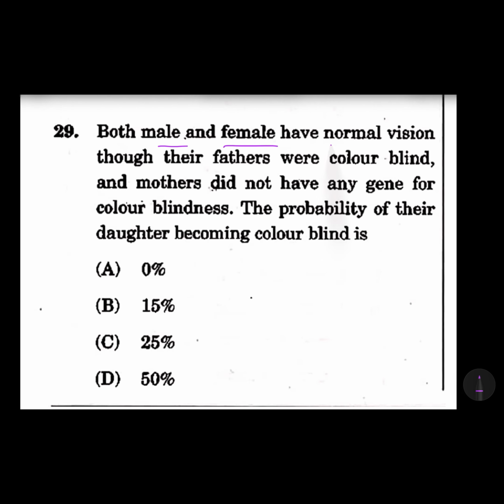Next question: both male and female have normal vision. Though their fathers were colorblind, mothers did not have any gene for colorblindness. The probability of their daughters becoming colorblind is. So let's cross the colorblind man with the normal female. XX crossed with XY, which is having colorblindness.